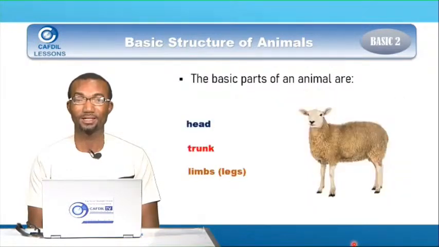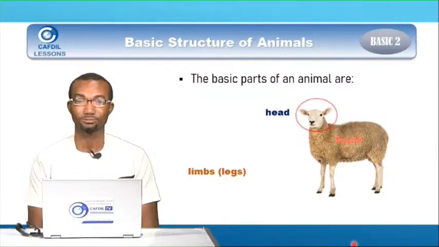Let's look at another animal. Kate, what animal do you see here? Good. Sheep. So where is the first part? What's the name given to the part circled? Good. The head. So this is the head of this sheep. The next one is the trunk, and the trunk forms the main body of the sheep.